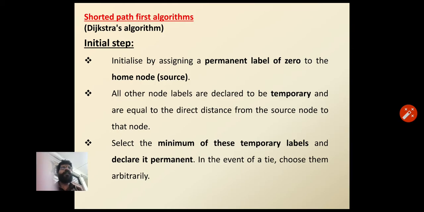If the calculated value is smaller than the old value, then we use the minimum value. If both values are the same, then we use the same value; that is a tie condition. This is the initial step.